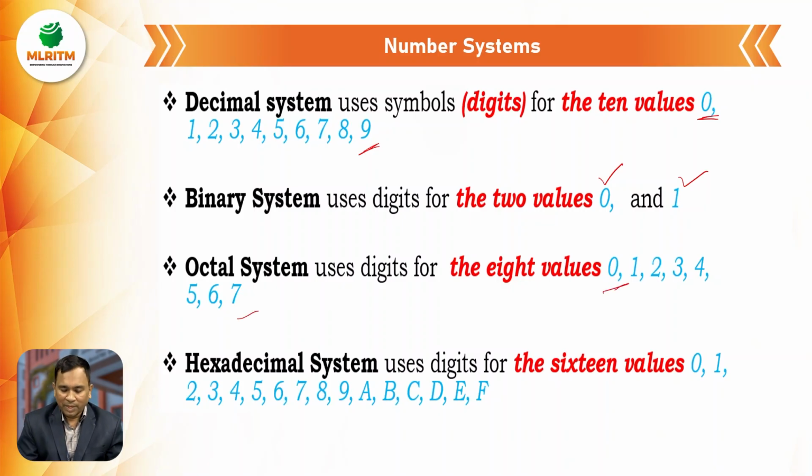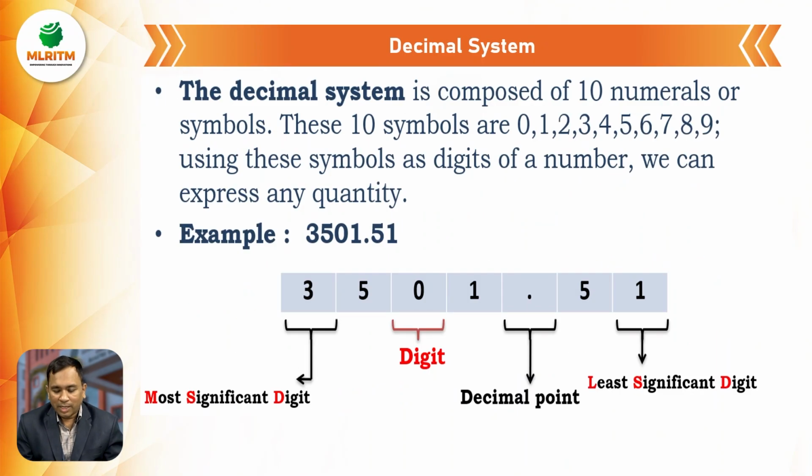In hexadecimal, as we discussed, it has 0 to 9 just like decimal, and I add A to F. So 0 to F is hexadecimal, with 16 numbers in total. How are numbers represented in the decimal format?